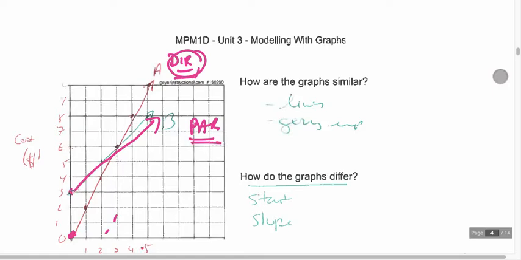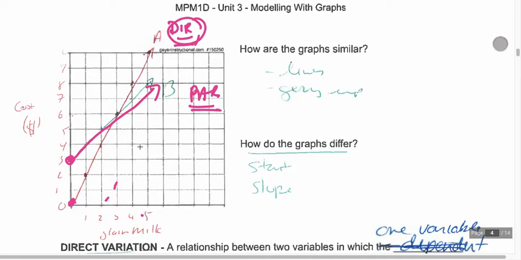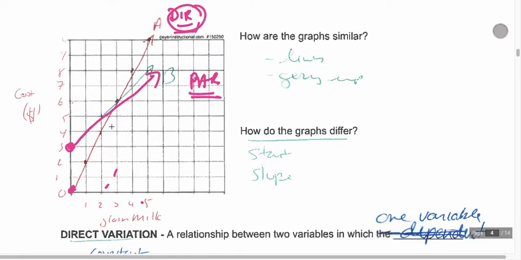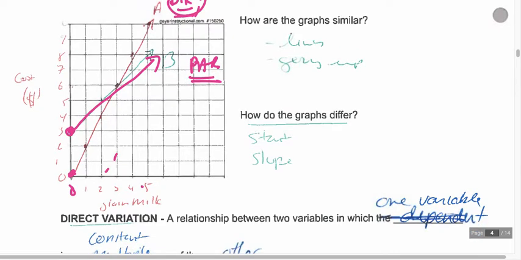Partial has some value that isn't 0 to start with, and then changes because of the independent variable. So they both change because of the independent variable, but one has a value of 0 when there is no independent variable. When you have 0 glasses of milk in plan A, you have $0 spent. In partial variation, you started at $3 and then you move up after that.